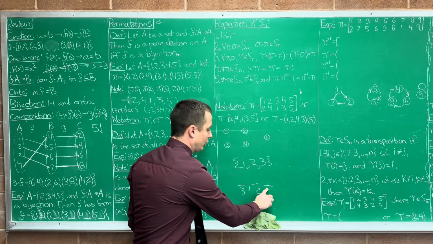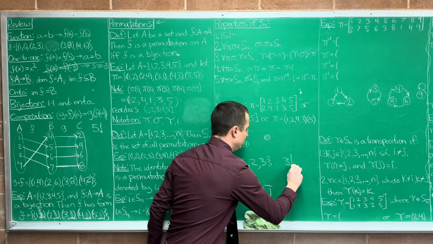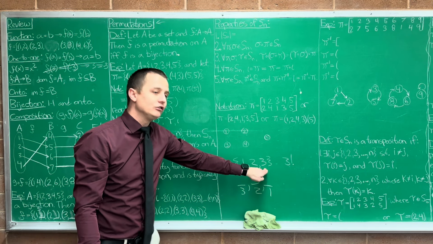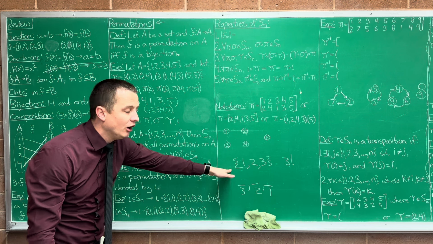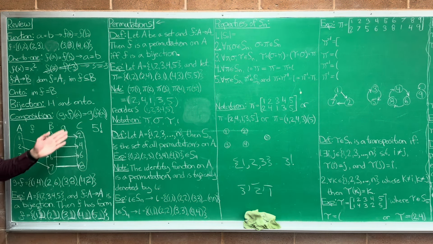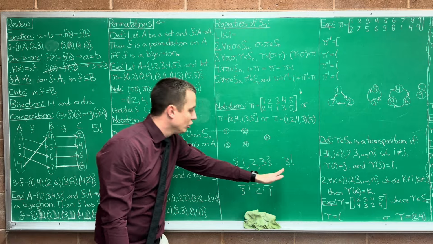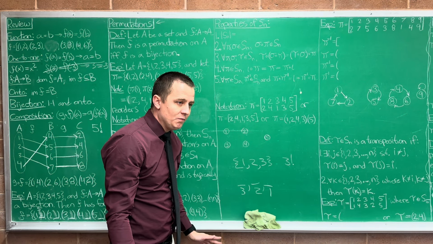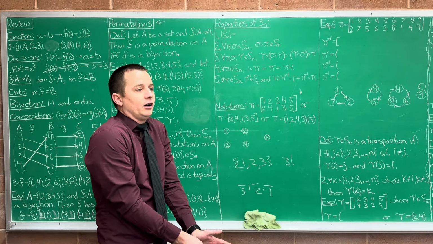How many options for what comes third? 1. And so it's 3 times 2 times 1, or 3 factorial. That's how many different ways I could arrange those objects, or that's how many different permutations I could create on that set. If I had a set of 5 things, there would be 5 factorial permutations. If I have a set of 3 things, there's 3 factorial permutations. This is now the mathematical object that we use for keeping track of ordering.